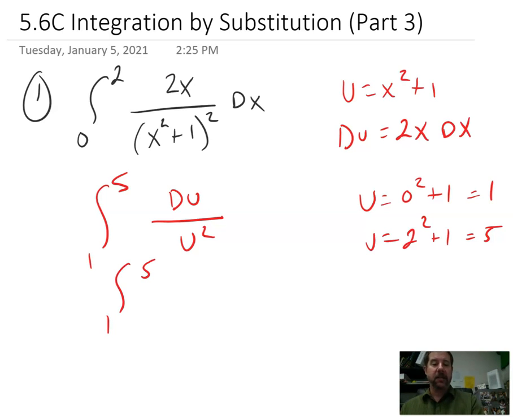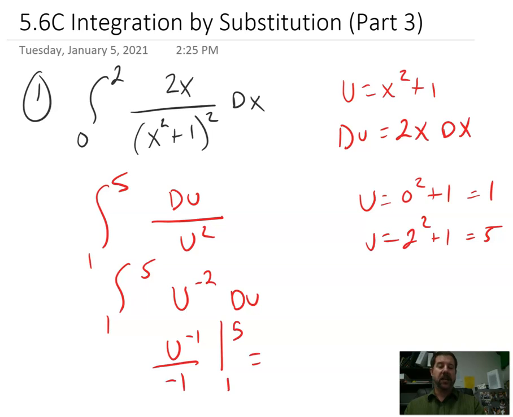I would say there are a couple of little things here. Sometimes you guys try to do ln with 1 over u squared, but that's really u to the negative 2 du, and this is just power rule then, right? U to the negative 1, divided by negative 1, evaluated from 1 to 5.